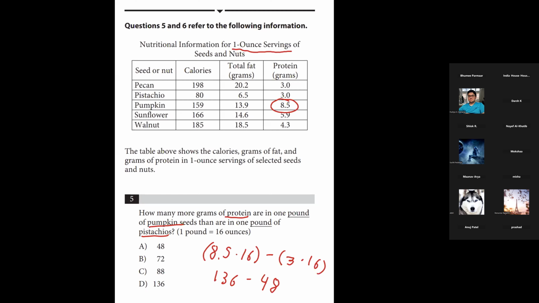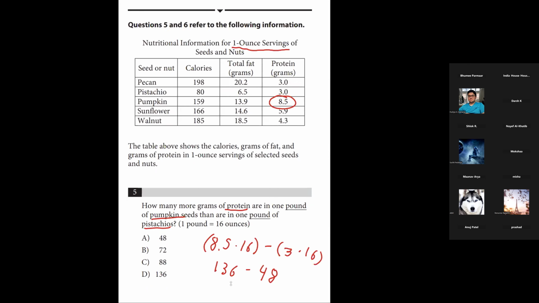So 136 minus 48 equals 88. So the correct answer is answer C. There are 88 more grams of protein in 1 pound of pumpkin seeds than in 1 pound of pistachios, because this is asking how many more grams, not the total.